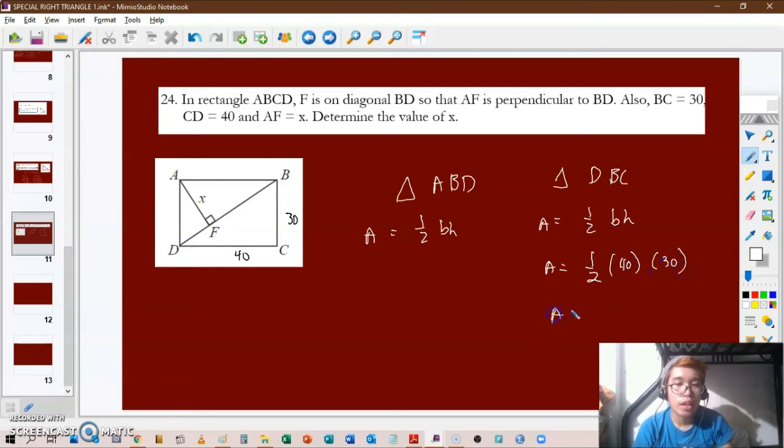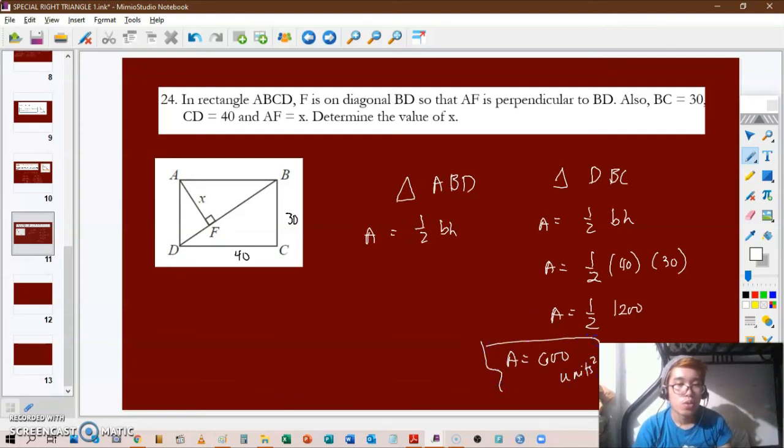So A is equal to 1/2 of 40 times 30. Let's just check: 40 times 30 gives you 1,200. Therefore, the area of DBC is equal to 600 units squared.